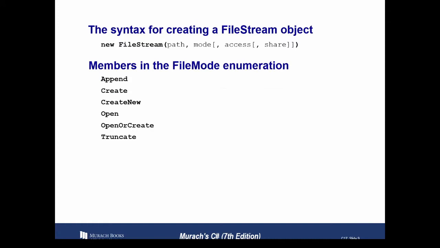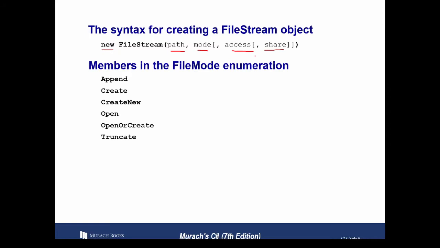All right. Okay, so the syntax for creating a FileStream object. You can see we've got this keyword new, and the other keyword FileStream here in this case. Path, mode, access, and share.